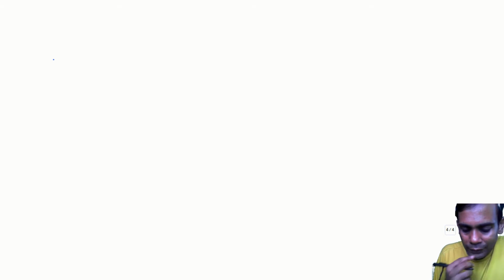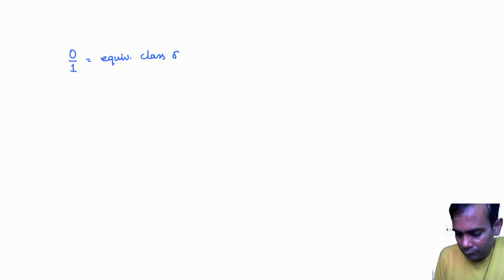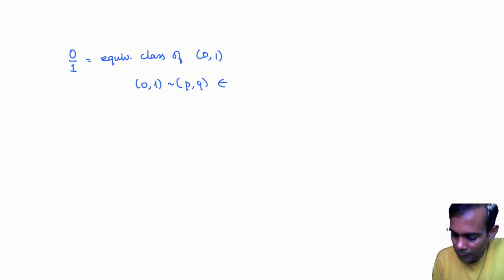Okay, so let's just point out some features of this ring. What is the zero element? It is 0 by 1, which is the equivalence class of (0, 1). What is the equivalence class of (0, 1)? (0, 1) is equivalent to (P, Q) if and only if 0 into Q, which is 0, is equal to P into 1.